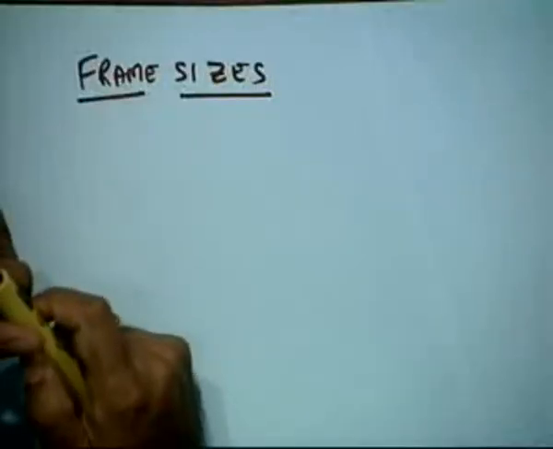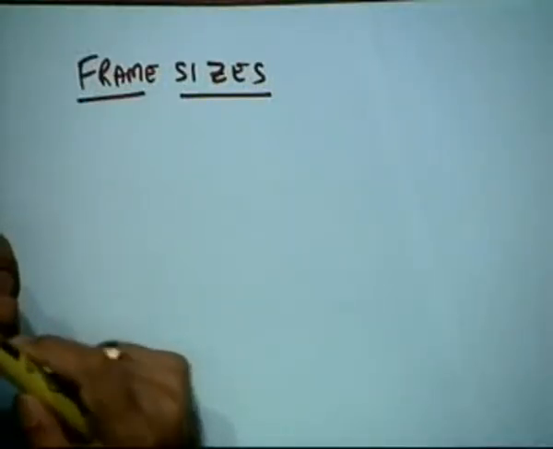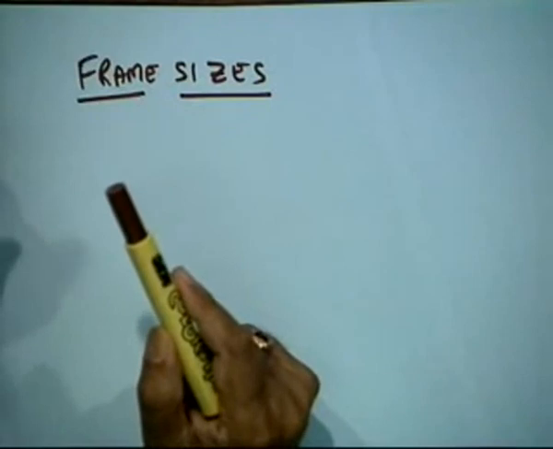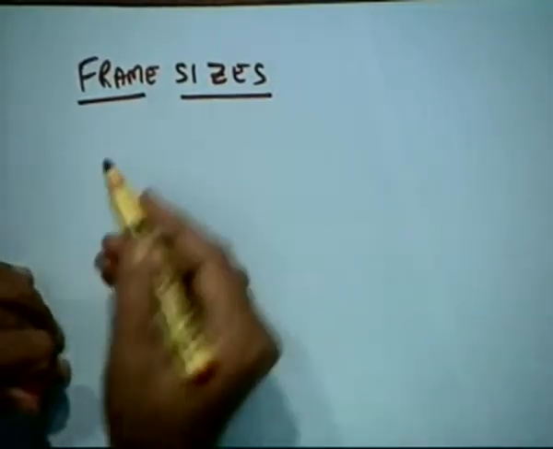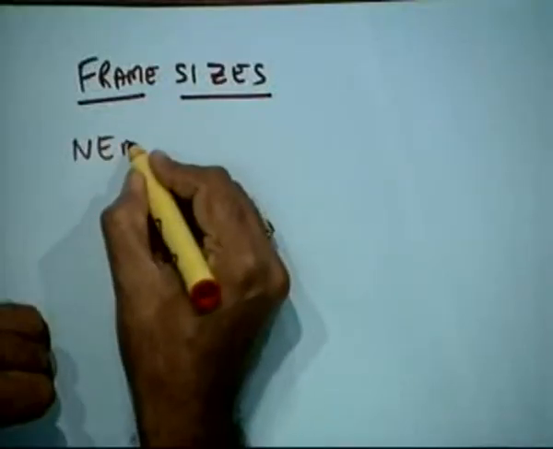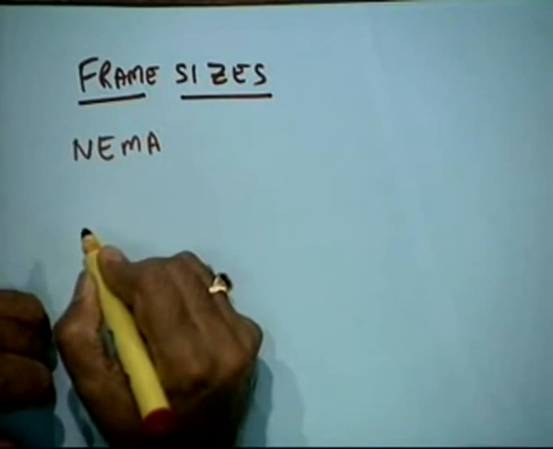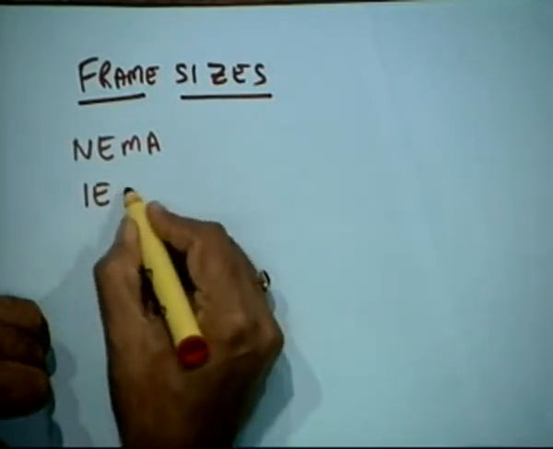Similarly, you will have frame sizes which are numbered. Typically these are done by two organizations internationally. One is called NEMA standards, another is called IEC.